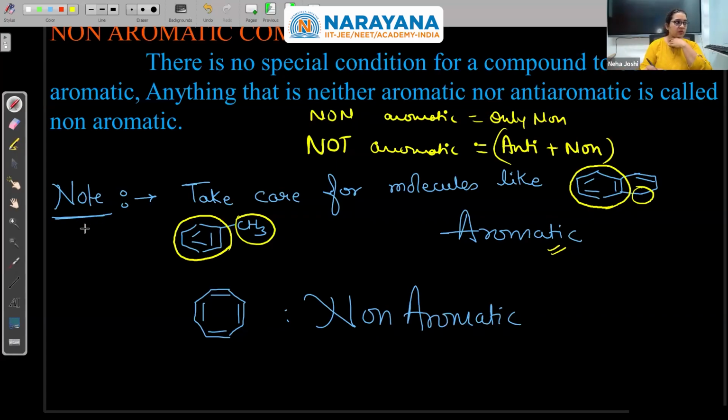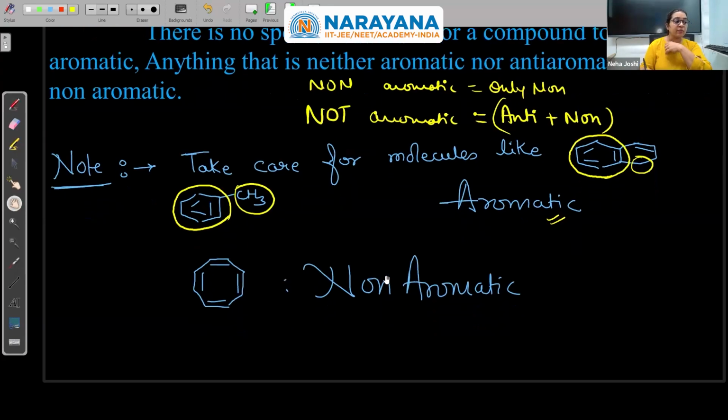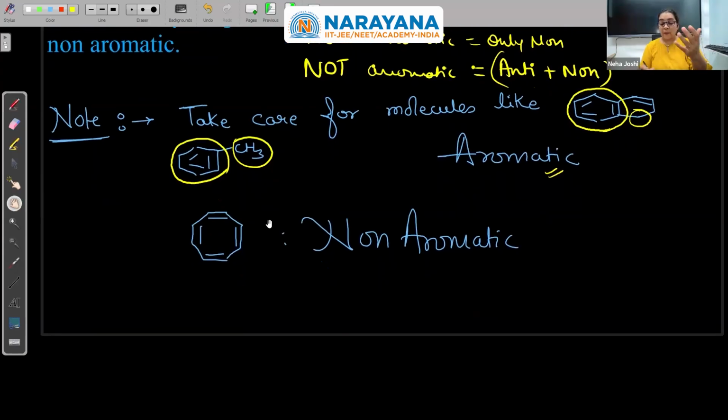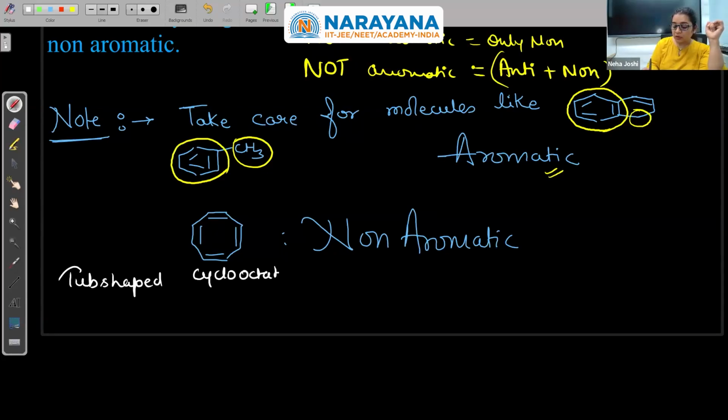So is this. Okay. And if sometimes due to whatever reasons, a molecule becomes non-planar, like this one, which is extremely famous because it is tub shaped, right? Cyclooctatetraene, this tub shaped molecule is like this.